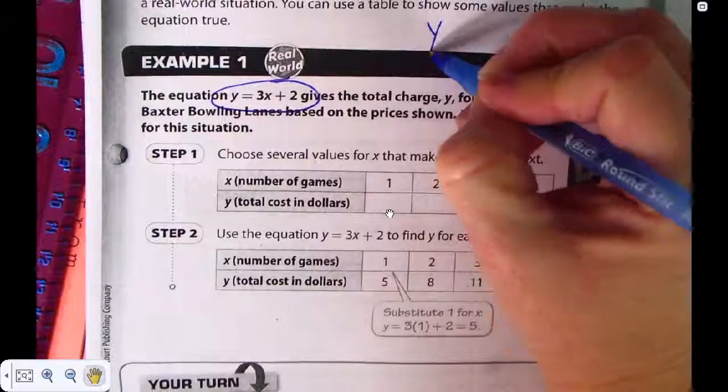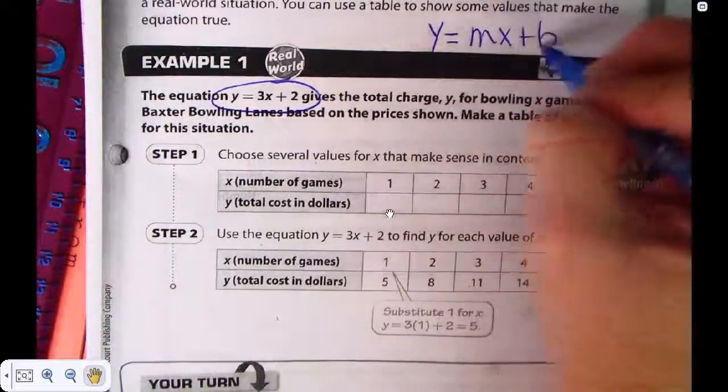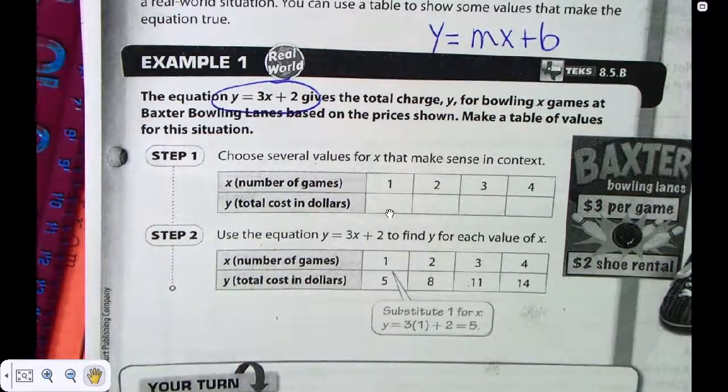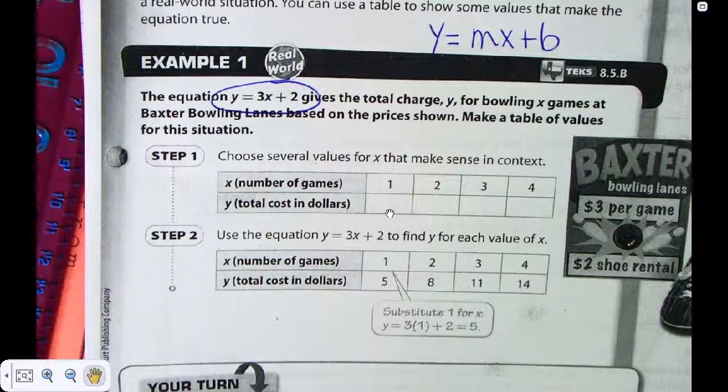On that foldable, we learned mx plus b would be a linear equation. Y equals mx plus b. What does the m stand for? Slope. What does the b stand for? There you go, which is called the y-intercept.